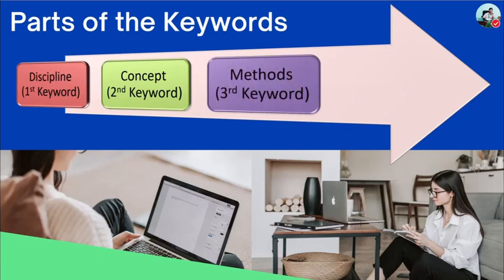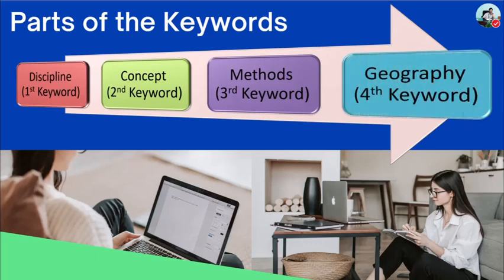Third keyword is about the methods of the study, like if it is qualitative, mixed method, or experimental and others. The fourth keyword is about the geography. Okay, geography like the Philippines. So we are going to follow these 4 keywords.